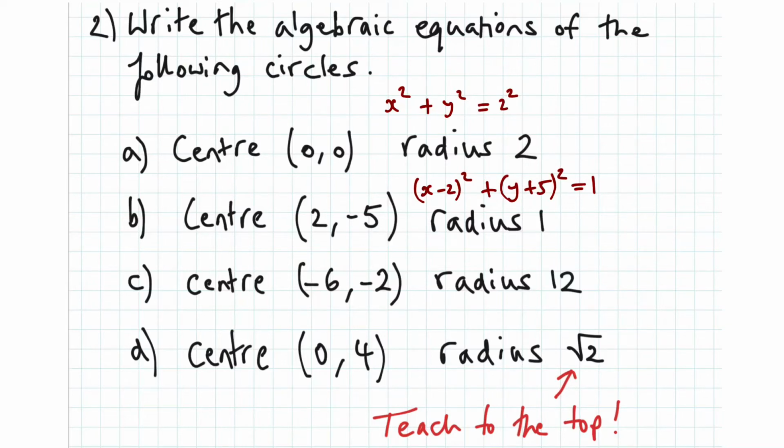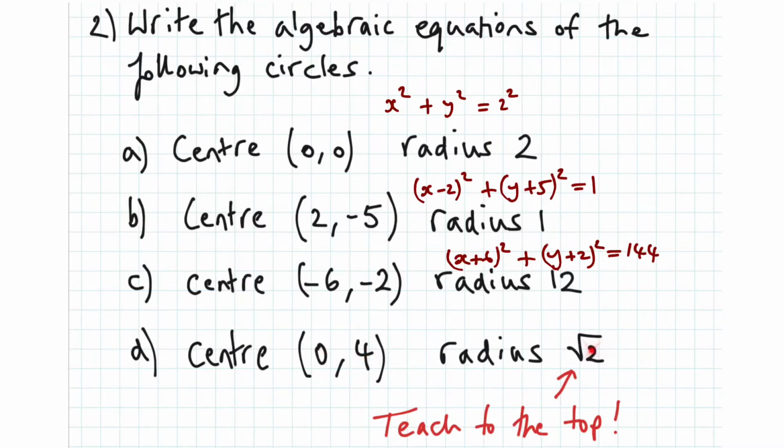Again, swapping my signs around carefully, I will get x plus 6 all squared plus y plus 2 all squared equals the radius squared. That's there. On to the next question. I've got to swap the signs around on these again. There isn't anything to worry about on the x, but this will have a -4 when I put it into brackets.